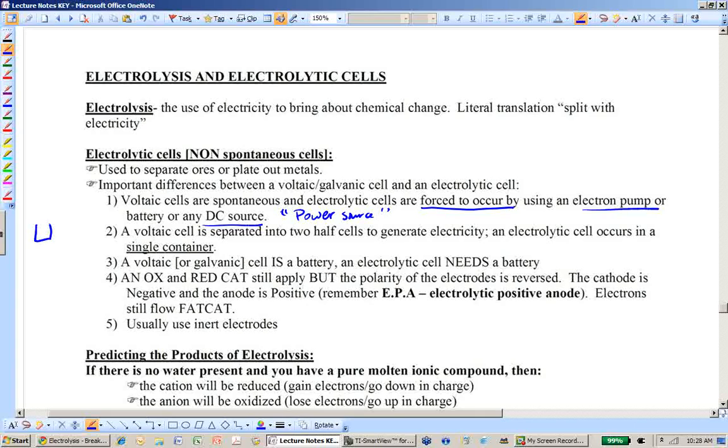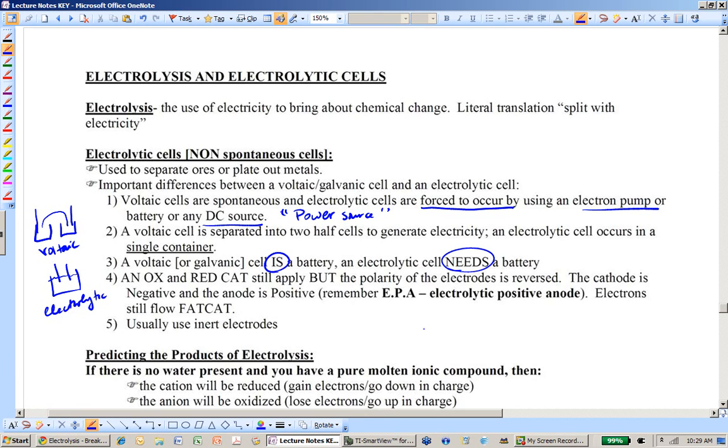So when you are perusing advanced placement problems and you see something that has two containers that are connected by a salt bridge, then that is voltaic. But if you see only one container and both electrodes are in one container, then that is going to be electrolytic. So a voltaic or galvanic cell is a battery, whereas an electrolytic cell needs a battery.